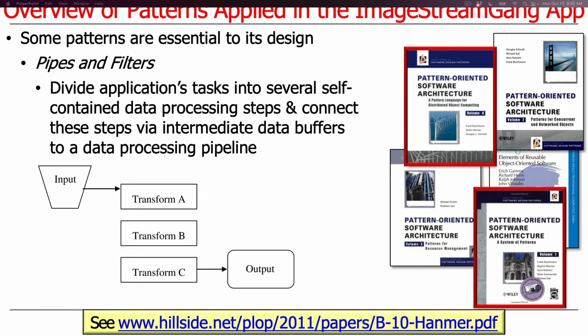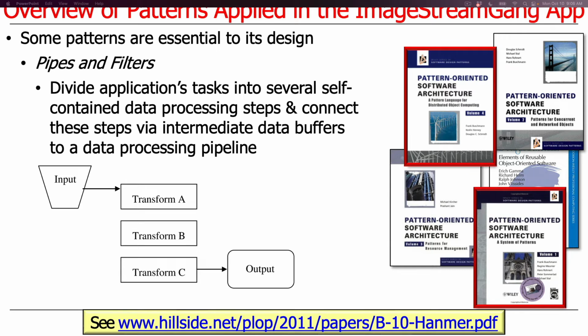And the basic intent of this pattern is to divide up an application's tasks into various self-contained data processing steps, and then connect these steps together using intermediate data buffers in a data processing pipeline. And of course, that's really at the heart of Java streams, although they don't necessarily have intermediate data buffers, but they are definitely connecting things together in a data processing pipeline.